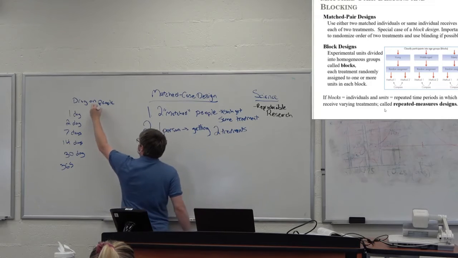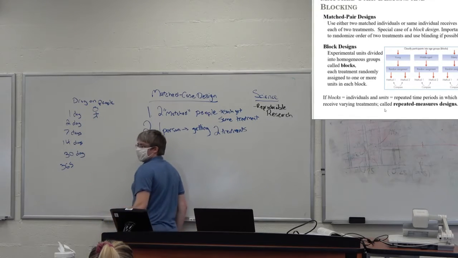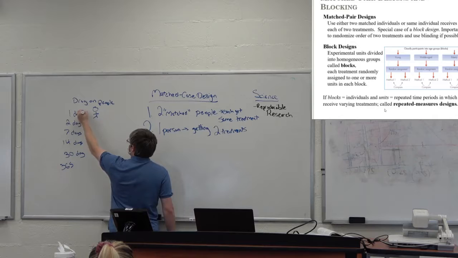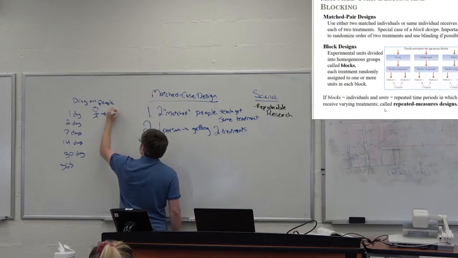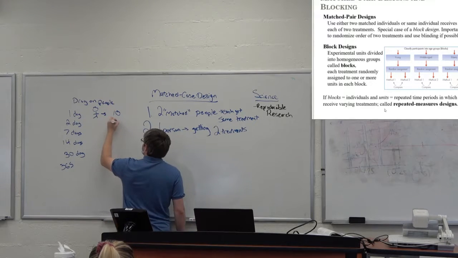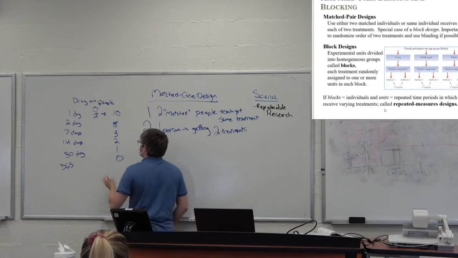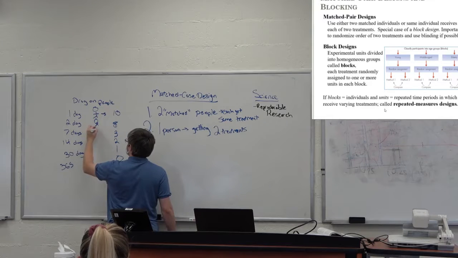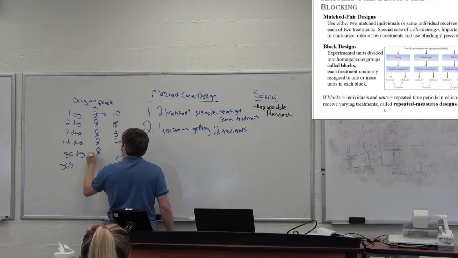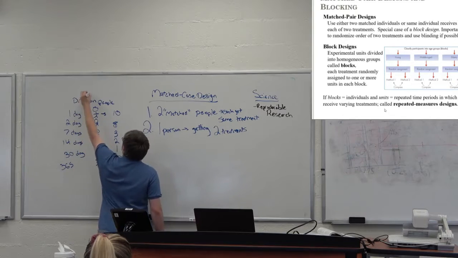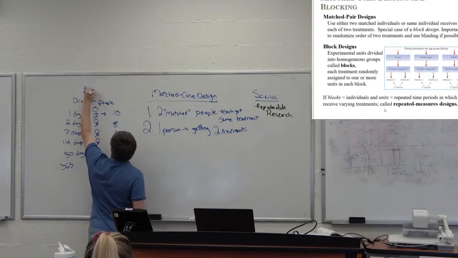And if you have one person that is repeatedly being measured on this, they get a measurement of, let's just say 10 here. They get a measurement of 8, of 3, of 2, of 1, and then 0 down here for the same person. This is an example of repeated measures.